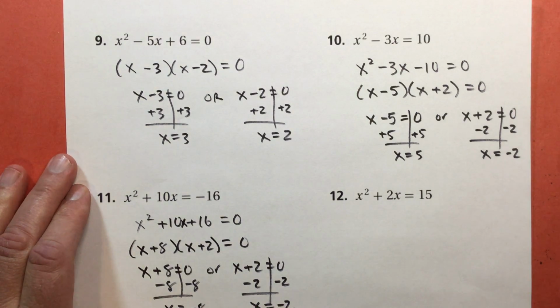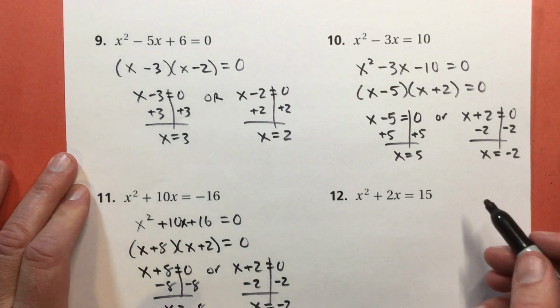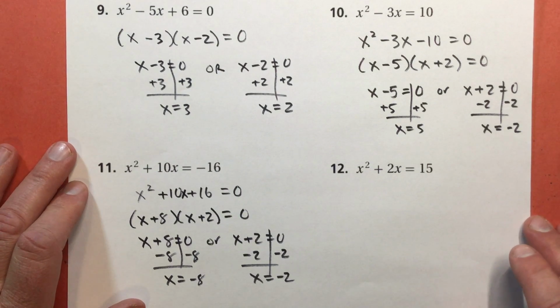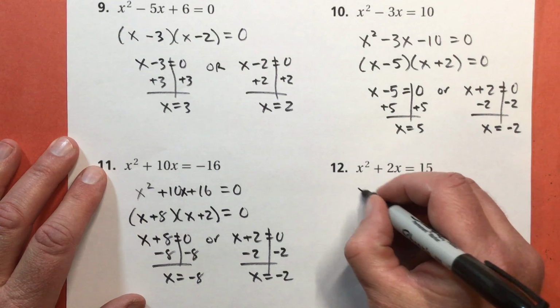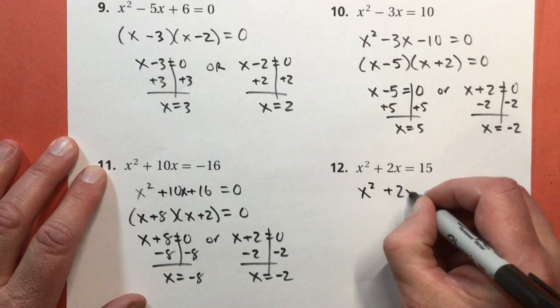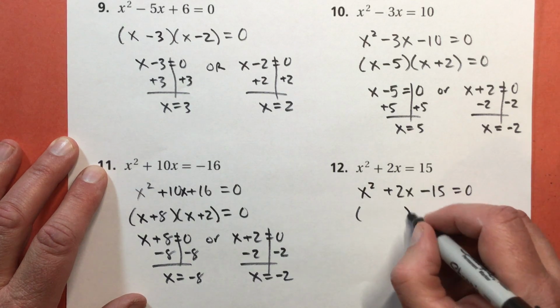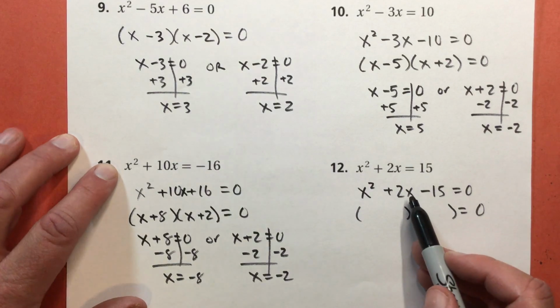And the last one for this video, again, I'm going to add negative 15 to both sides, which is the same as subtracting 15. Actually, sorry about that, let me move that up. The iPad screen doesn't always frame up well with my 8.5 by 11 paper. So I get x squared plus 2x plus negative 15 equals 0. What two numbers multiply to give negative 15 but add to give 2?